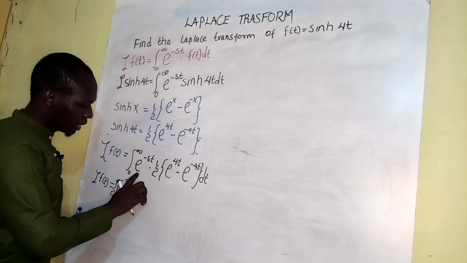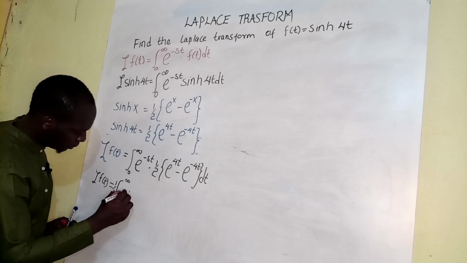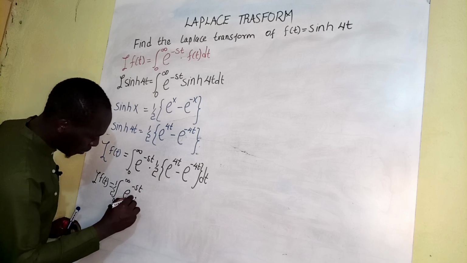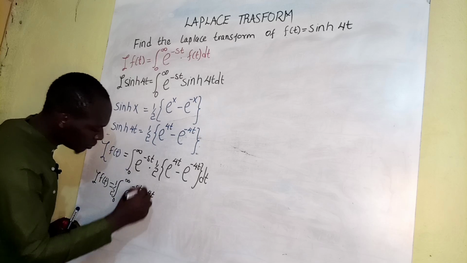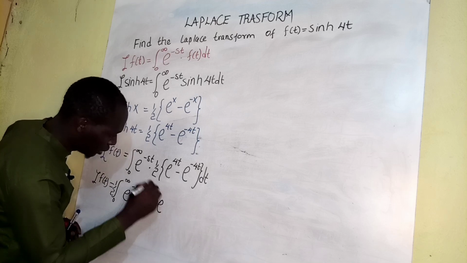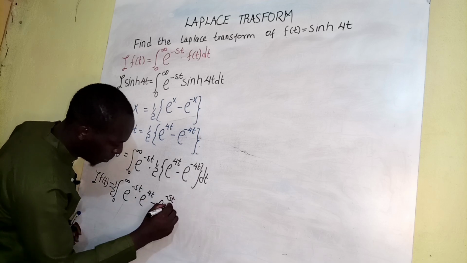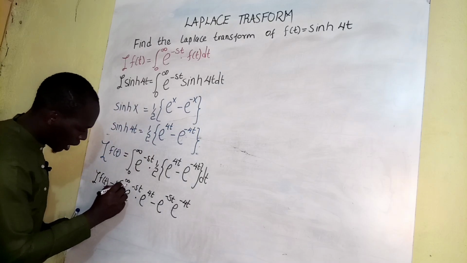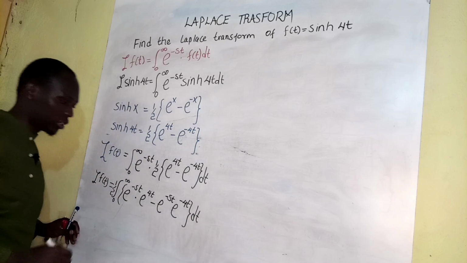We multiply by this exponential, and we are going to have exponential negative st. Now here we are opening our brackets, exponential 4t, we subtract from, here we are going to have exponential negative st multiplied by exponential negative 4t, and our integration is with respect to dt.